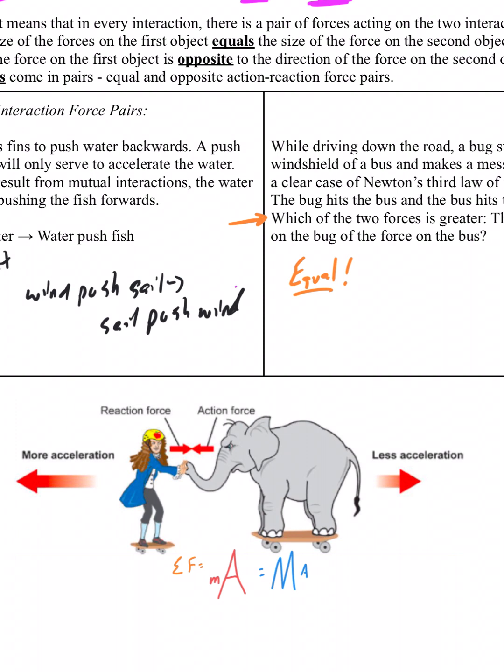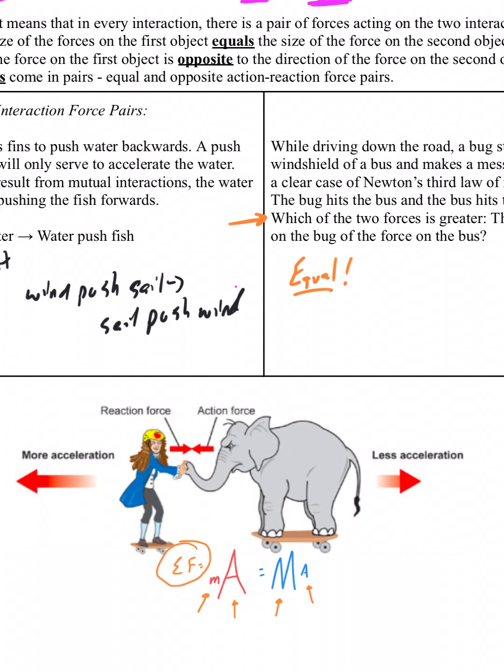So Isaac Newton, small mass, big acceleration. Elephant, big mass, small acceleration, all because the same net force is acting on them. If that net force value doesn't change, that means I have to have these interactions between the mass and the acceleration. They have to be inversely related to each other. Big acceleration must have small mass, and big mass must have small acceleration. That's kind of how we think about these things.